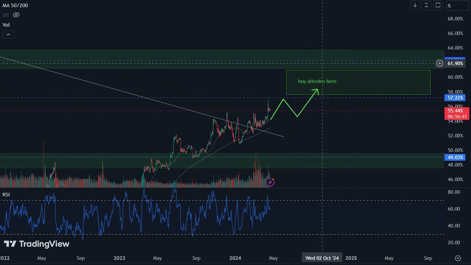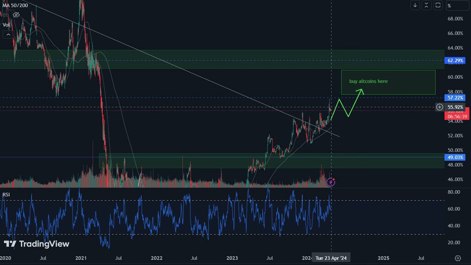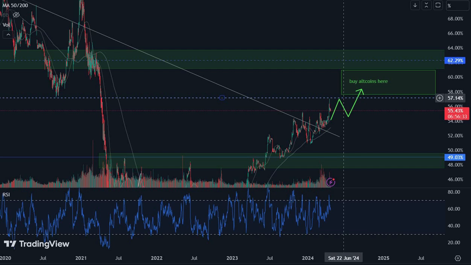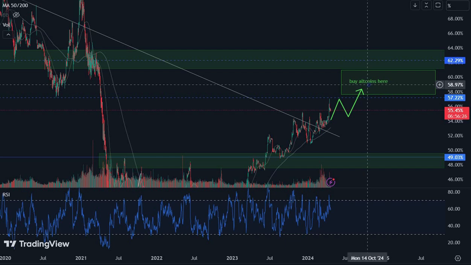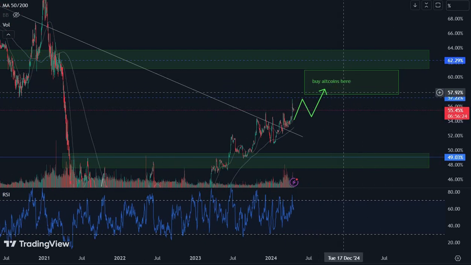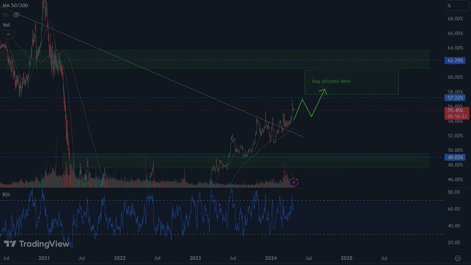Somewhere here will form a local top, and right now is a great chance to slowly, gradually accumulate some undervalued altcoins, for example, Shiba Inu, right? But as we go higher into this order box, the more altcoins you could accumulate.